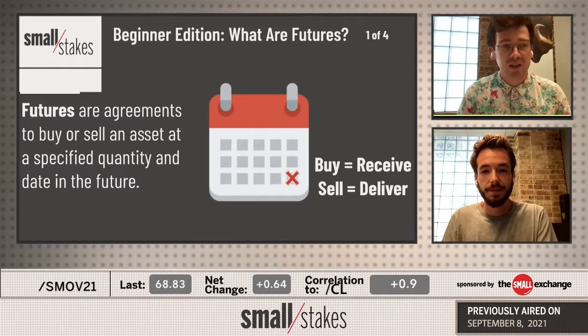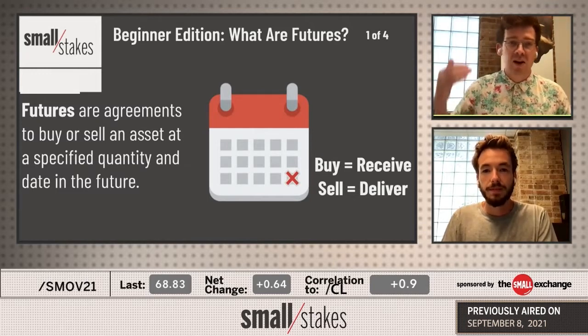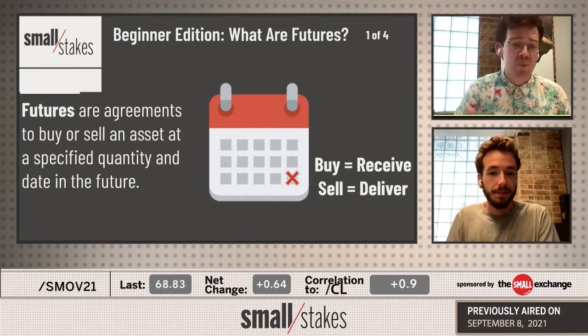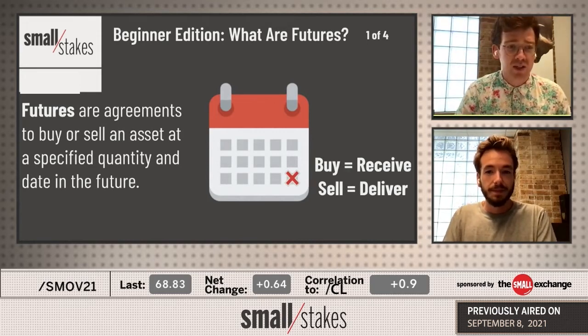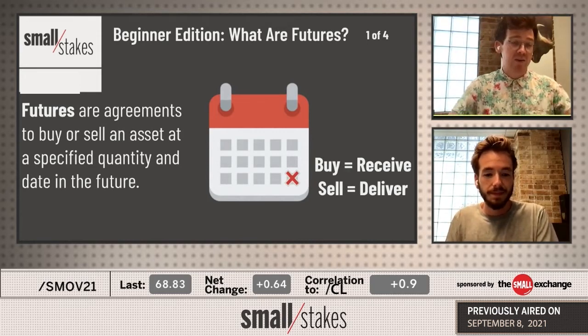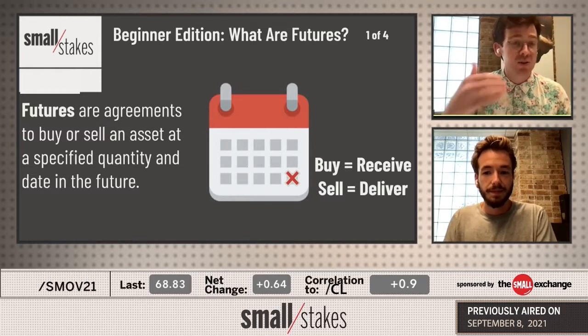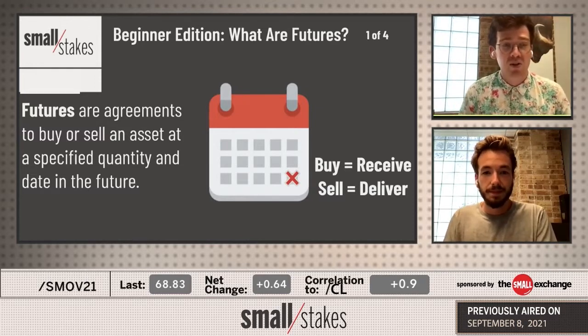But that kind of makes sense, right, Mikey? Where it's like, all right, on the third Friday of the month, if I bought this futures contract, then I am getting ready to receive that asset that the future is on. And if I sold that contract on that third Friday, I better be ready to deliver it, to hand it off to the person who bought it. I mean, is that all making sense so far?